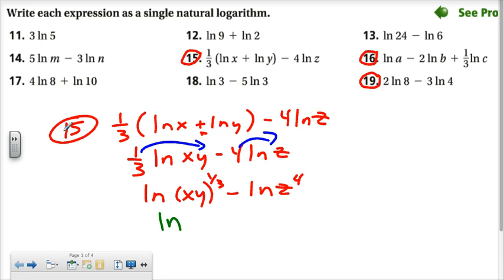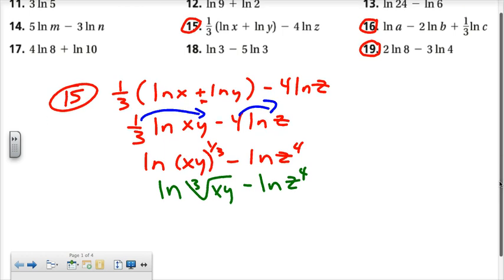So this will be the natural log of the cubed root of xy minus the natural log of z to the 4th. And then, of course, we have the subtraction, which is really going to be division. So this will be the cubed root of xy over z to the 4th for number 15. So that's all been condensed, all one nice natural logarithm statement.